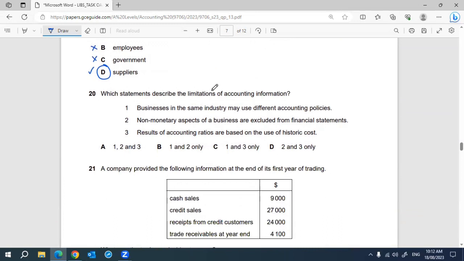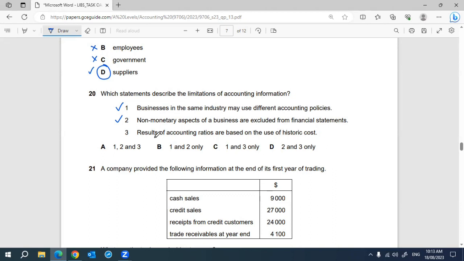Which statements describe the limitations of accounting information? So businesses in the same industry may use different accounting policies. That's true. One is accepted. Non-monetary aspects of a business are excluded from financial statements. Yes, true, because financial statements only measure monetary transactions, as explained by the money measurement concept.